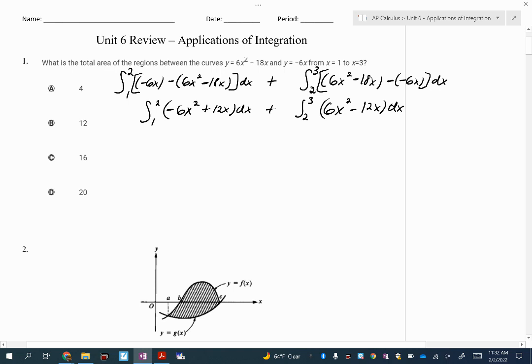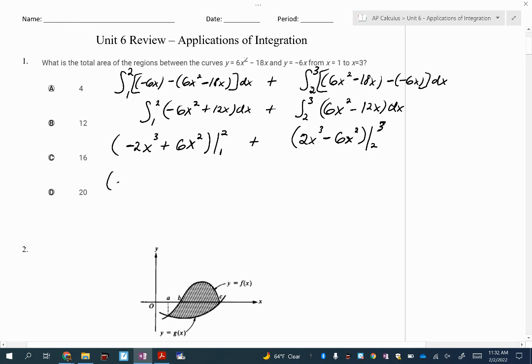My antiderivative is going to be x cubed, and when I divide by that 3, it needs to be negative 6, so that's negative 2x cubed. And then for this, it'll be x squared, and 2 times some number to give me 12, so that'll be 6. Evaluate this at 2 and 1. The other antiderivative is 2x cubed minus 6x squared, evaluated at 3 and 2.